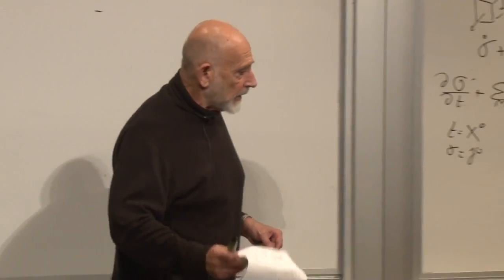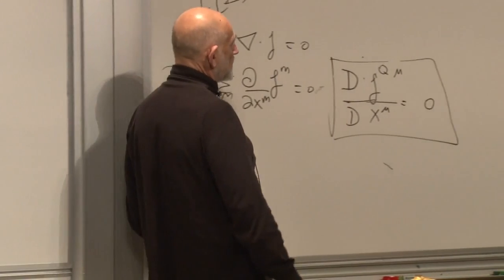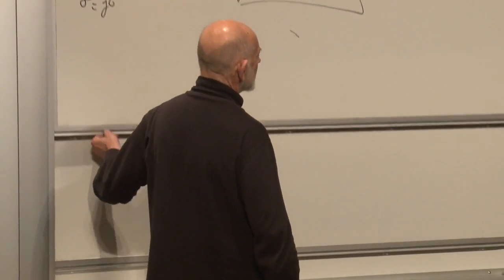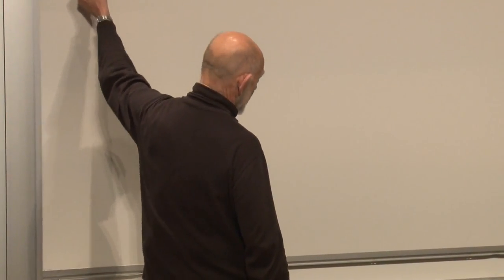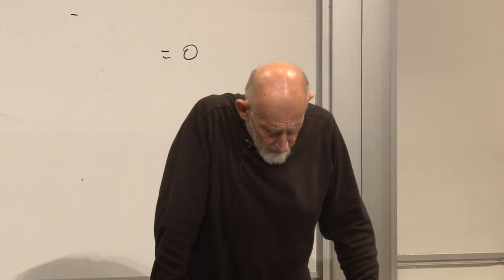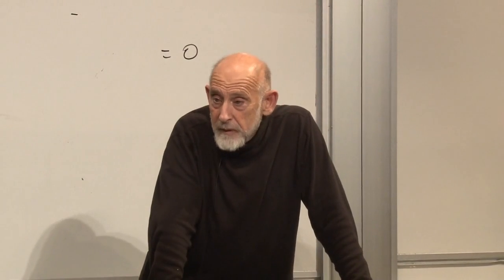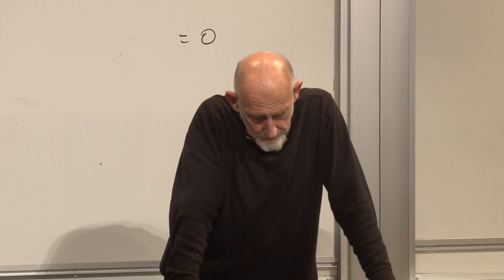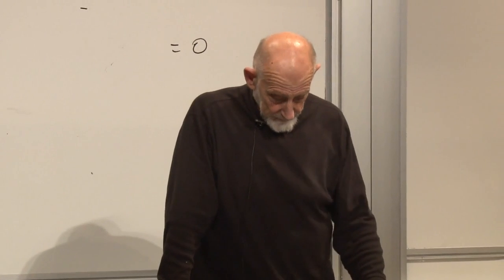All right, so let's explore the possibilities. G mu nu is a tensor made up out of the metric.